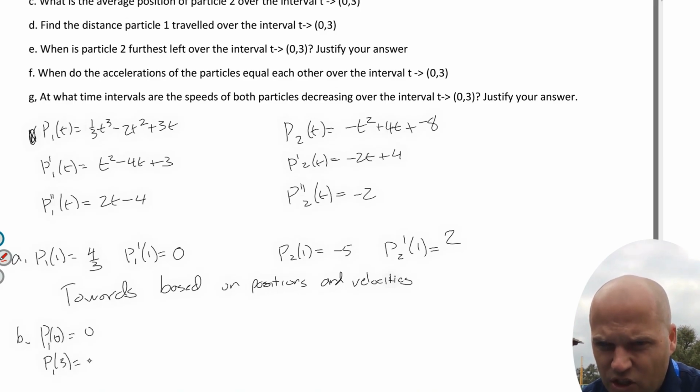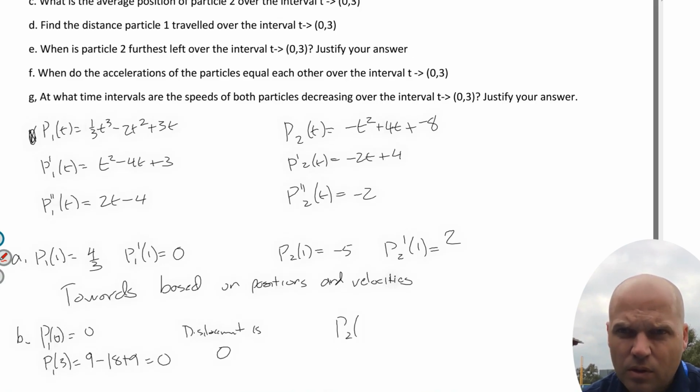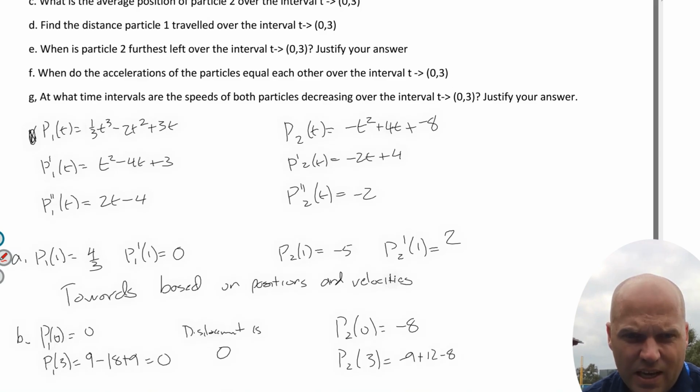Here's particle 1. Starts at 0. It gets to 9 minus 18 plus 9. Oh, shoot. It's a 0. Okay, so displacement is 0. And then particle 2 at 0 is at negative 8. Particle 2 at 3 is negative 9 plus 12 minus 8.